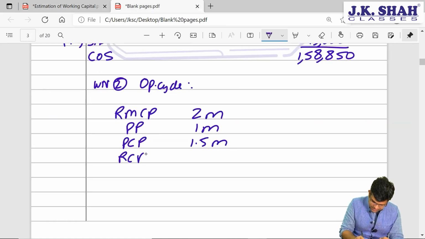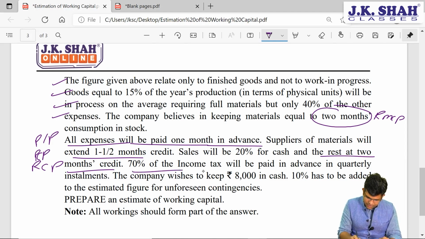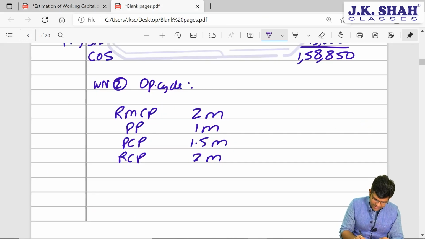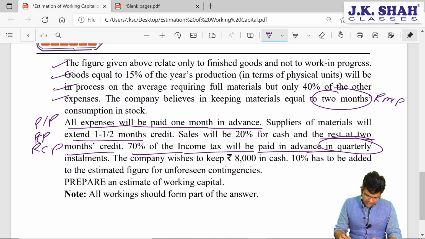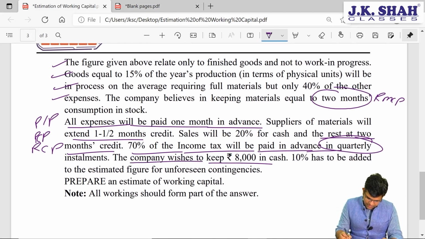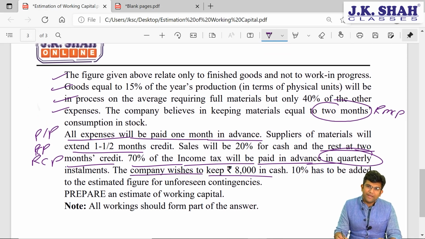I'll write down here RCP 2 months. And then students, 70% of income tax will be paid in advance in quarterly installments. So can I say that your prepaid income tax will be 3 months because you are paying in advance on quarterly basis, right? Then children, company wishes to keep 8,000 in cash.